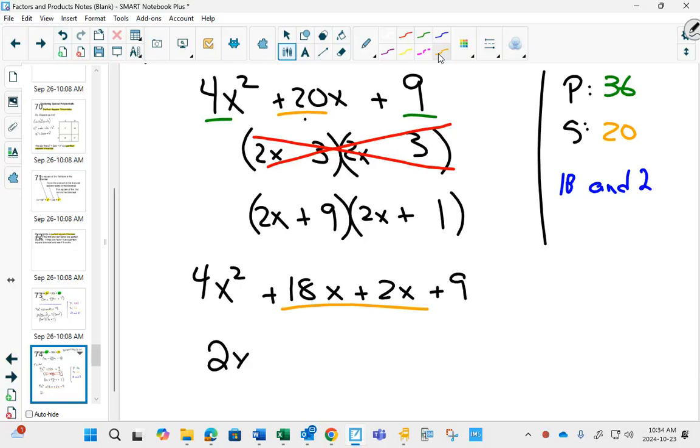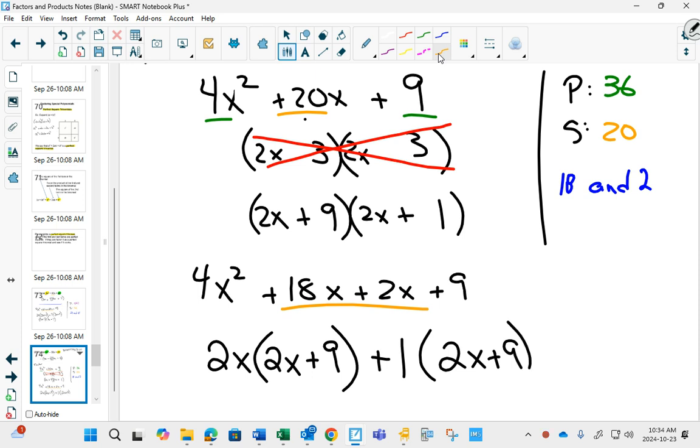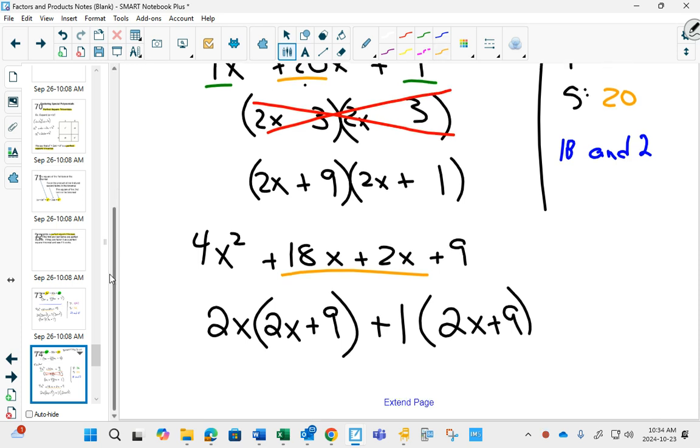And in the x squared, I can pull out an x, leaving me with a 2x and a plus 9. But in the second 2, there's nothing in common. When there's nothing in common, you just pull out a 1. And you would get 2x plus 9's in common. Factor that out. That would leave you with a 2x and leave you with the plus 1. And you get the exact same answer that we found.